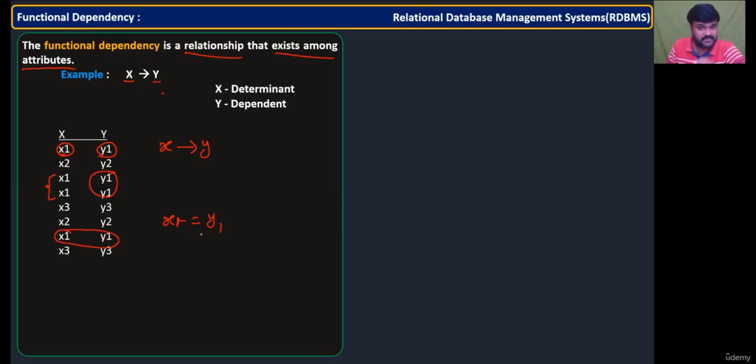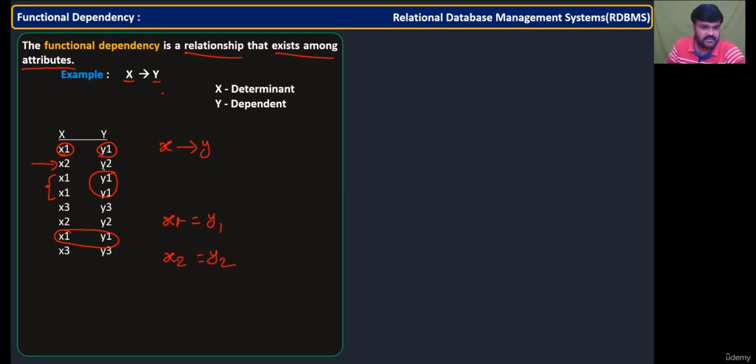And not just for this one value; for all other values of X, however many times they repeat, every time you must have the same value. If you observe such a relation, then you can put the relation between the two attributes like this. For the other values, X2, if you observe, X2 is deriving Y2 every time.